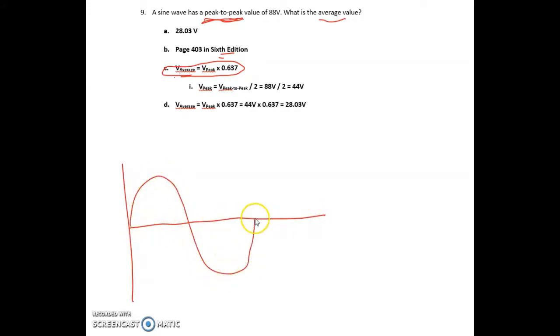So here we have a sine wave, and from here to here, this is V peak to peak. The formula requires the peak value. So to get the peak value from the peak to peak value, we simply divide the peak to peak by 2.